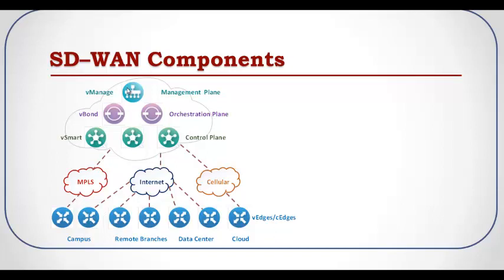Through the tunnel, using OMP, the vSmart advertises the route information for the routing table to all the edge devices, using which the edge device can move their packet from their LAN to the remote LAN over the circuit, over the IPsec tunnel.